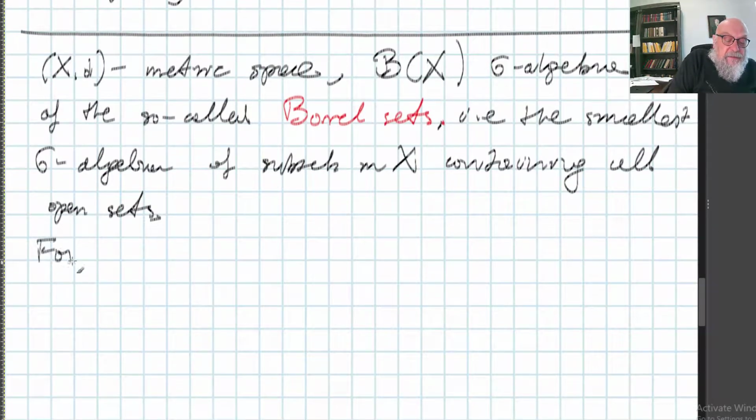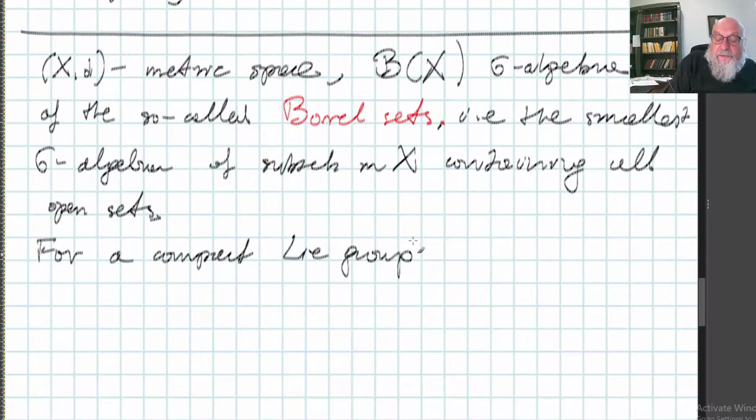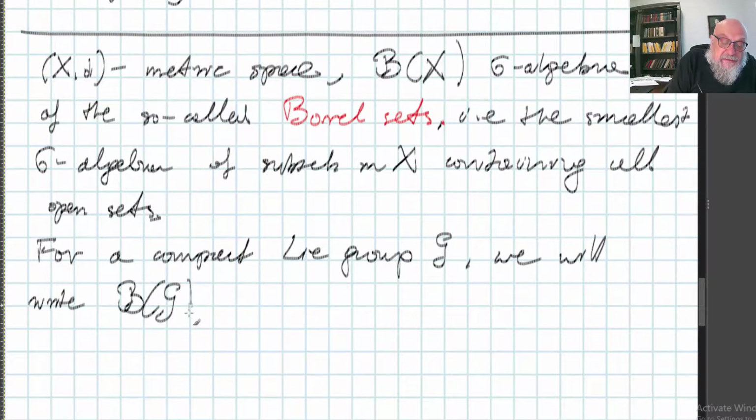So for a compact Lie group G, we write B(G) for the Borel sets on G. That means this is the smallest sigma algebra generated by all open sets in G.